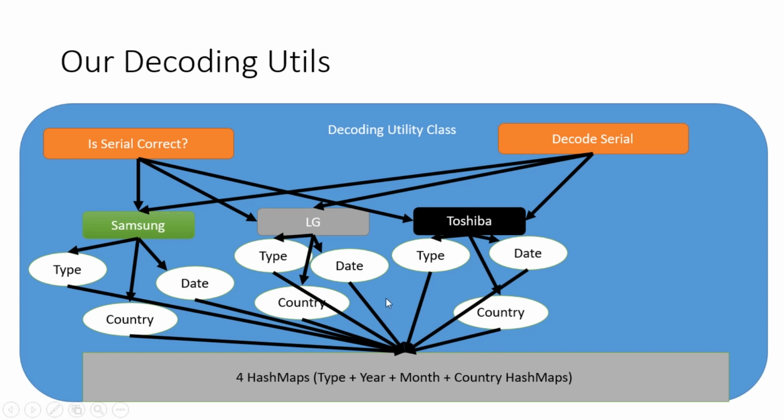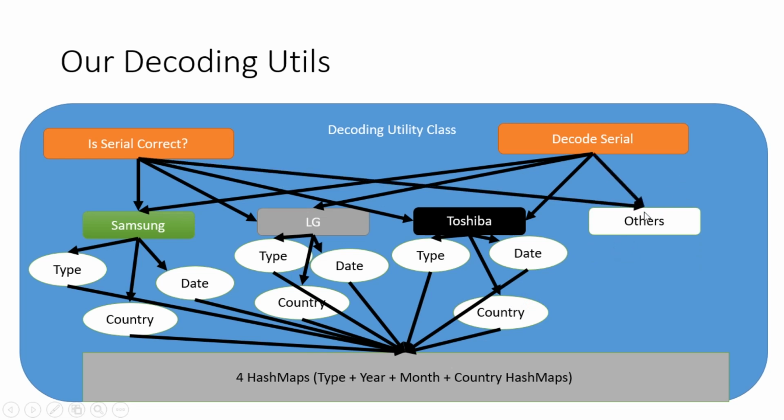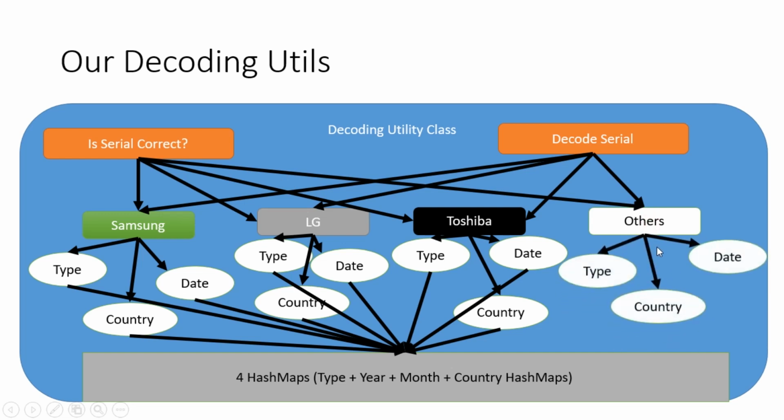And now we have this ugly diagram, and if we want to add any other brand, we will need a connection with the serial and decode functions as well. After making the connection, we will have to handle the type, date and country.